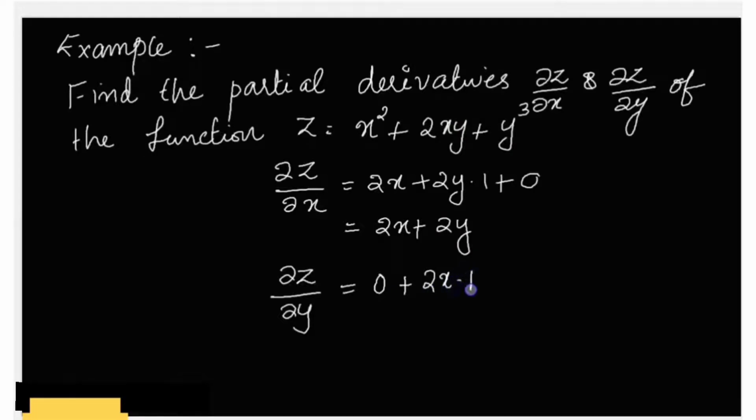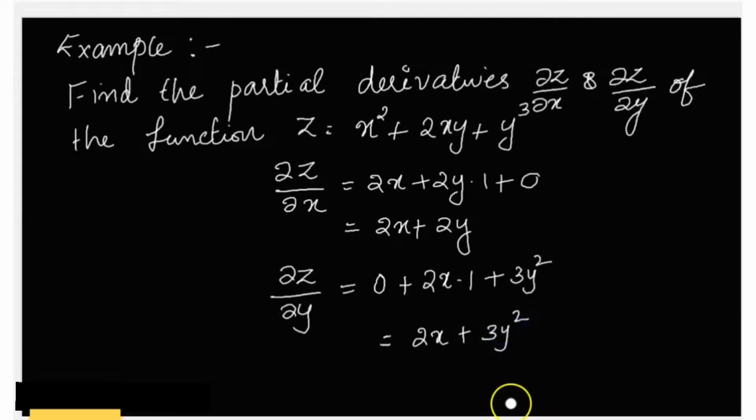Derivative of y is 1. Plus, what's the derivative of y cube? That is 3y square. So the final answer is 2x plus 3y square. This is how we differentiate a function of x, y partially with respect to x and partially with respect to y.